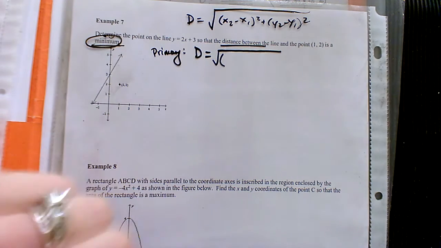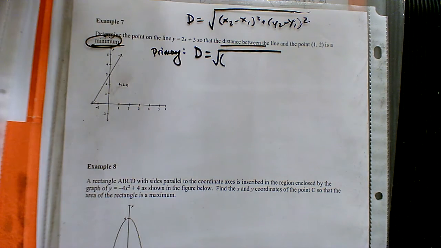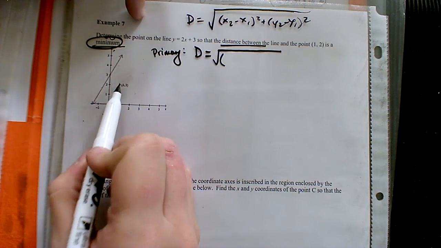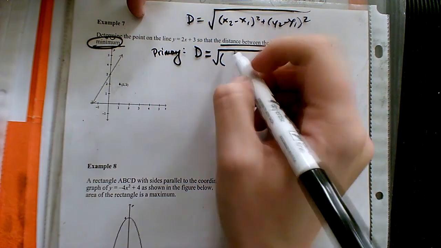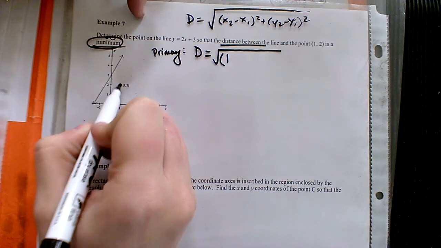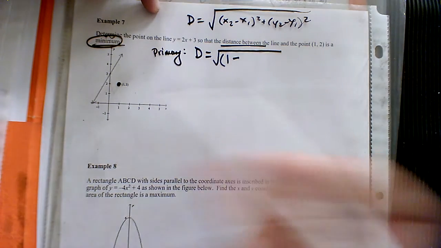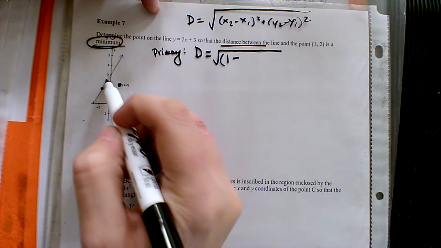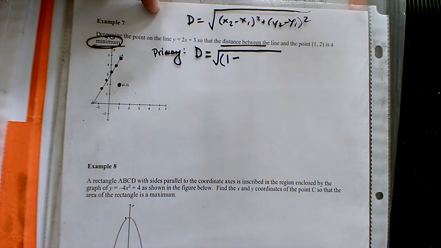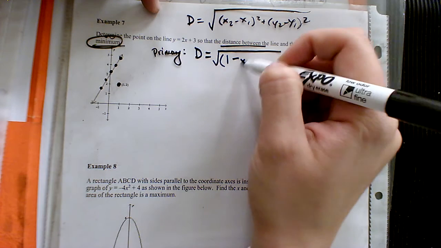All right, so in this example, we have an x value of 1, which is the point off the line, and then we'll subtract the x value of whatever point is on the line. We don't really know that, so we'll just leave it as x.